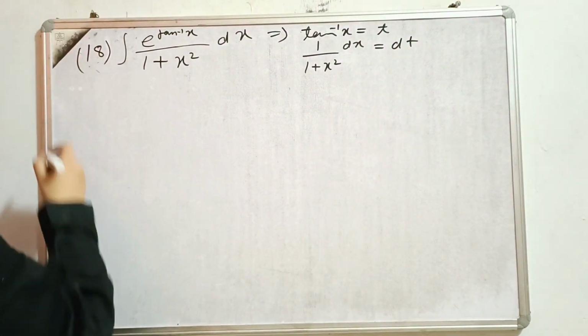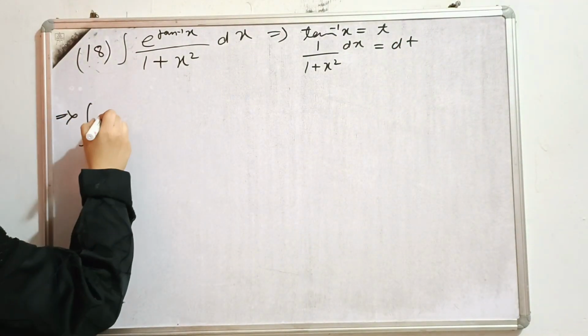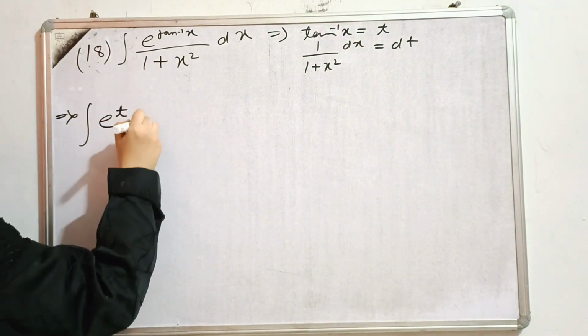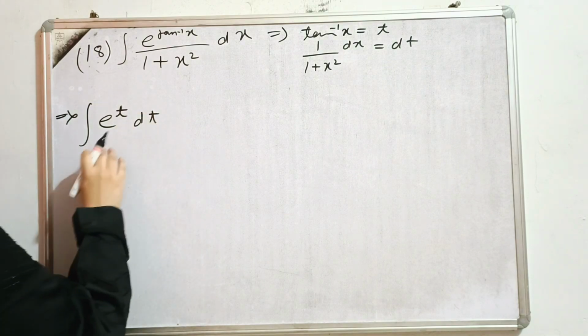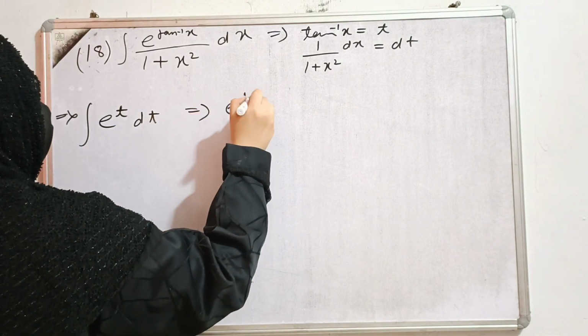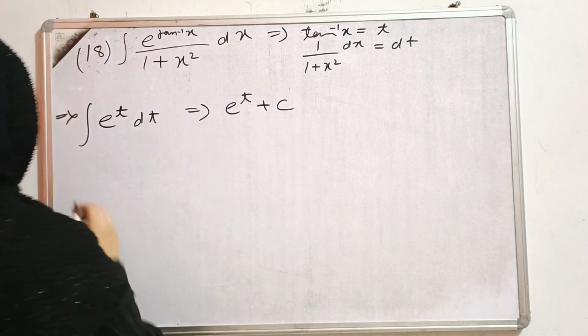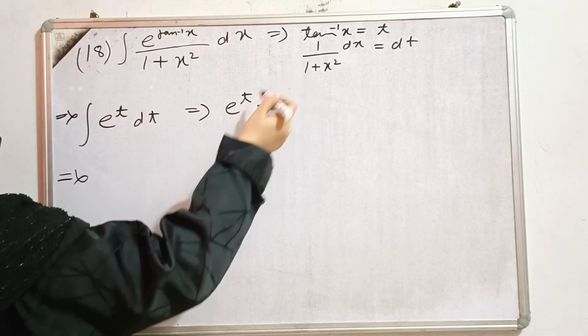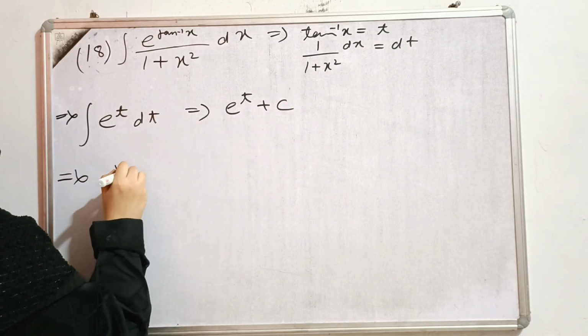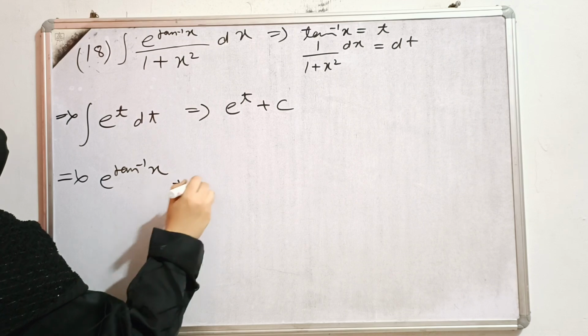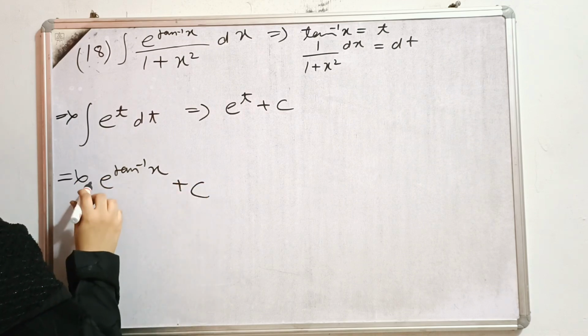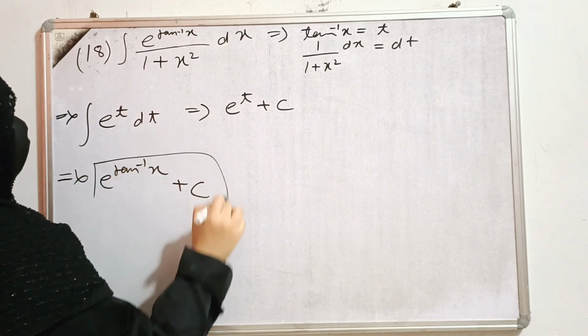So substituting the value, we get e to the t dt. Integration of this is e to the t plus c. Now substituting the value of t, which is tan inverse x, we get e power tan inverse x plus c. This is our final answer.